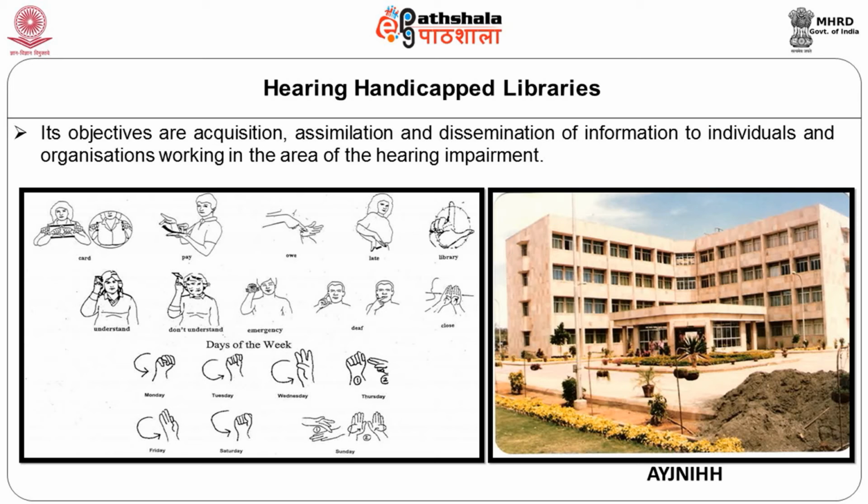In information and documentation services, the work is done effectively by the Ali Yavar Jung National Institute for the Hearing Handicapped, Mumbai, and its beneficiaries directly and indirectly are known not only in India but throughout the world.